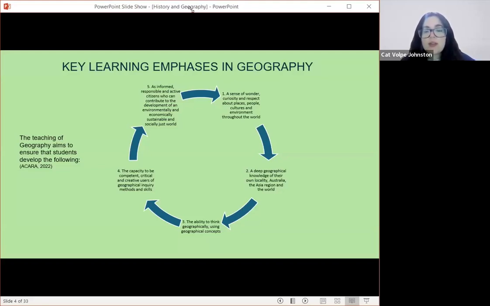We want them to have a capacity to be competent, critical, and creative users of geographical inquiry methods and skills. And finally, we want them to be informed, responsible, and active citizens who can contribute to the development of an environmentally and economically sustainable and socially just world.